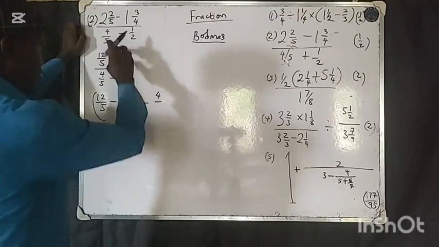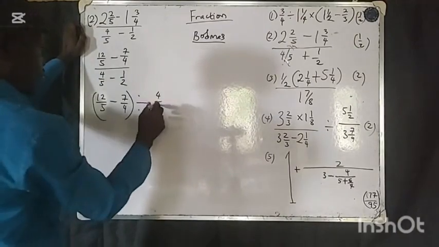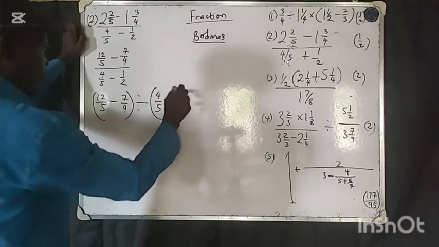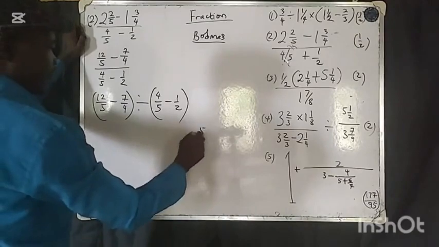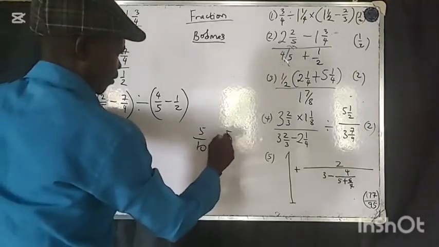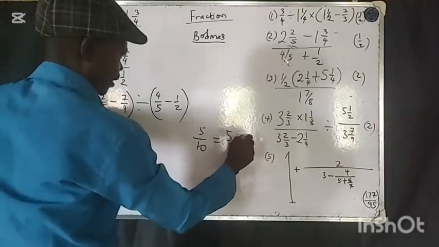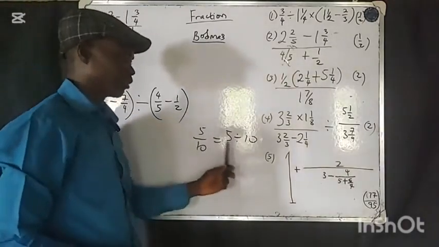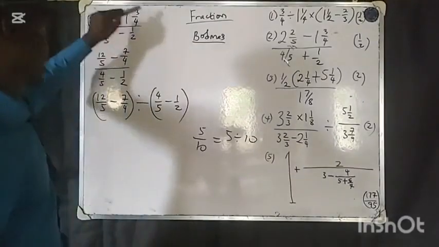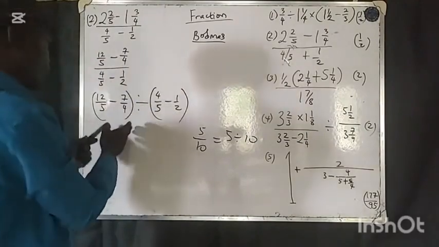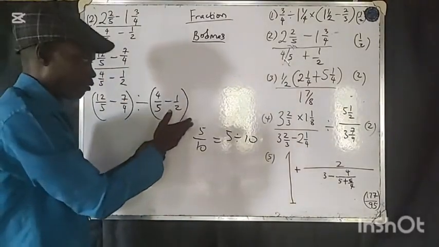We are dividing everything up by everything down. If I write 5 over 10, it is the same as 5 divided by 10. So if I have this fraction over this fraction, it simply means the fraction on top divided by the fraction down.